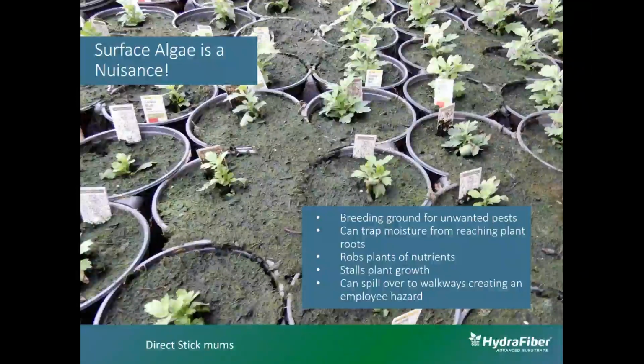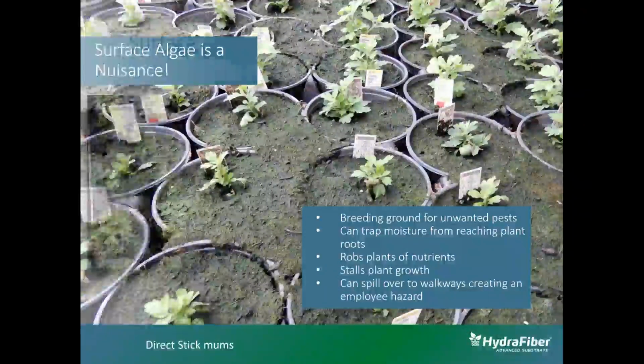And that can become like a very hydrophobic crust that can hinder water from penetrating to the lower level of the container. It can also rob the plants of nutrients. It feeds off of the same fertilizer that your plants do. It can also stall plant growth. And it can also spill over into walkways, which can also be a safety hazard for your employees.